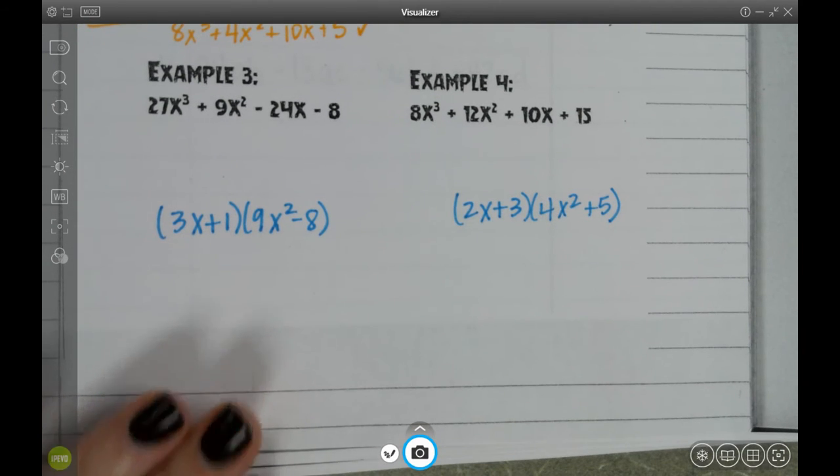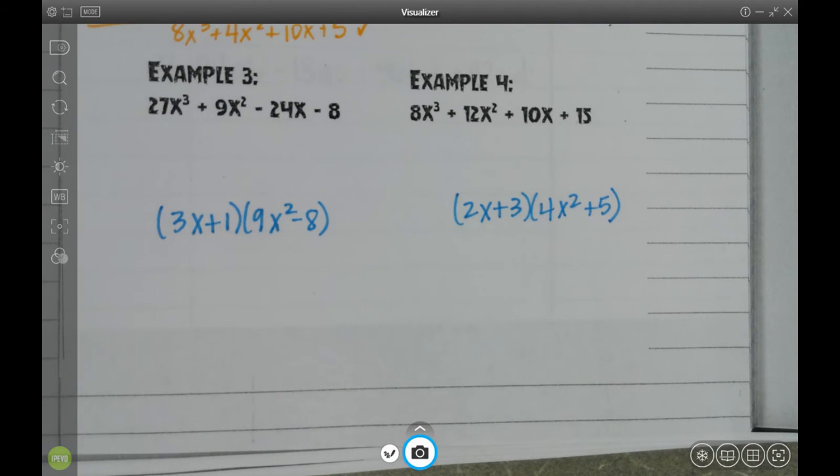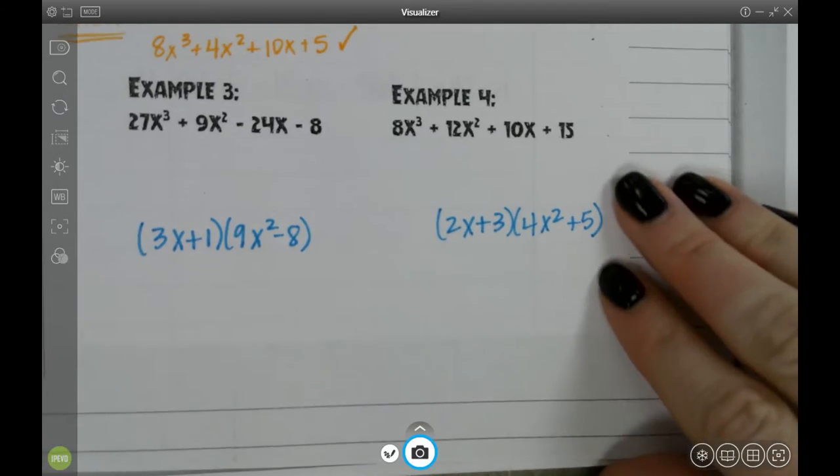Okay, that's what you should have gotten whenever you factored them. How are you feeling so far? Pretty good? Fantastic. Okay, we're going to go to page 12.